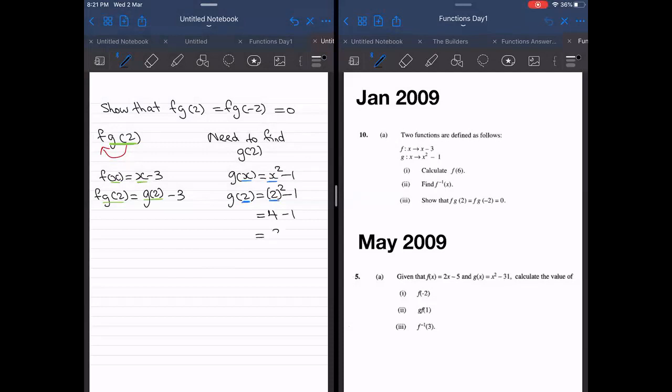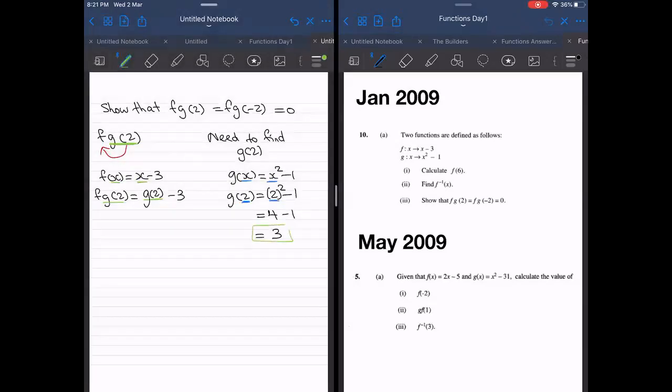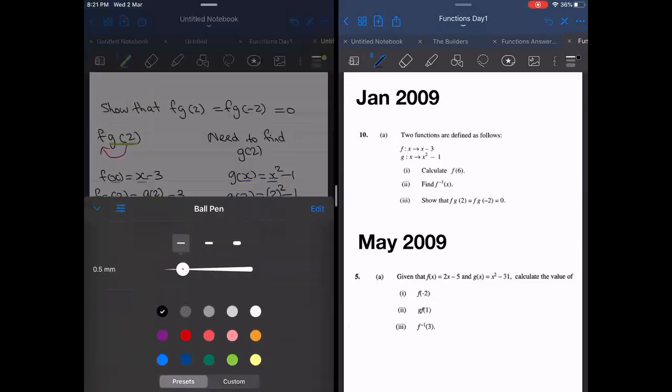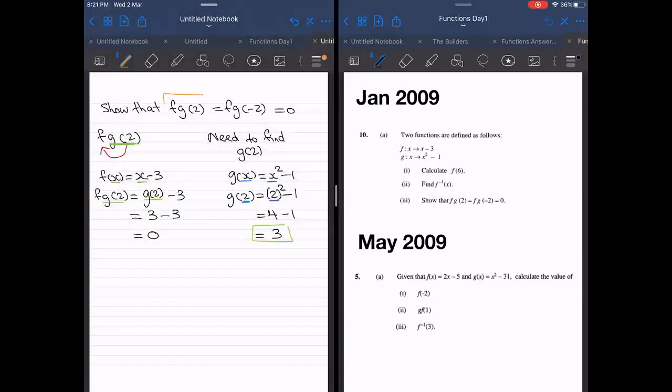And 4 minus 1 is 3. So what we have found is that g of 2 is 3. And 3 minus 3 is 0. So what we've done so far is to indeed show that f of g of 2 is 0.